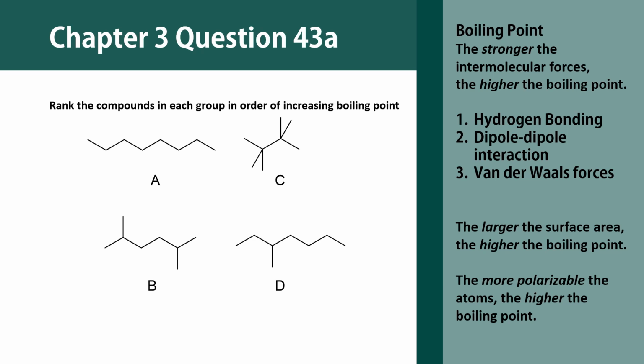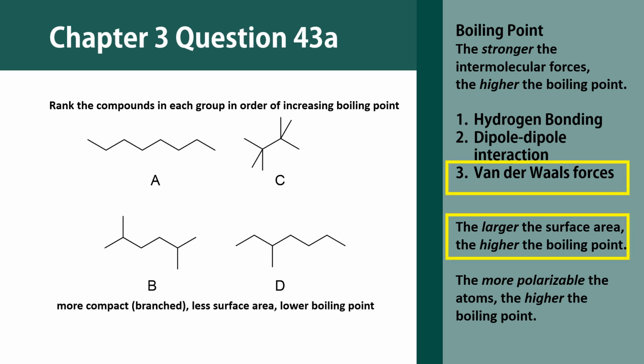In this case, because there is no NH or OH functional group and no highly electronegative atoms, just CH bonds, we compare van der Waals forces by finding out which has the larger surface area, which contributes to a higher boiling point.